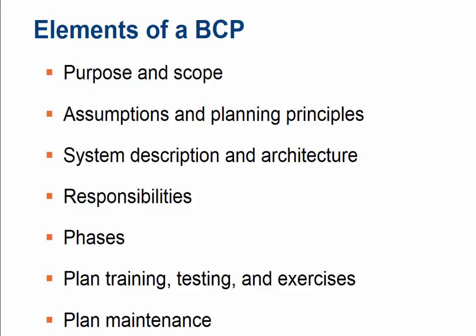So basically, what are the elements of a BCP? Since BCPs are large, comprehensive documents, they include many elements and often cover many contingencies. There isn't a single format that will cover all requirements for all organizations. However, some guides suggest the inclusion of certain elements.